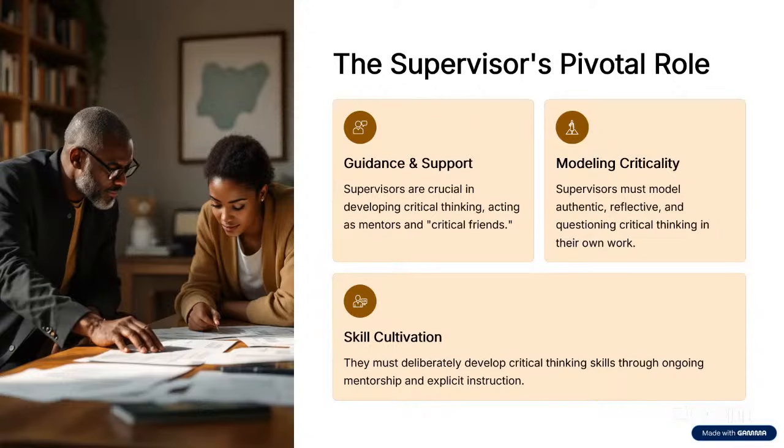So effective supervisors must take different approaches at different stages of the journey, because at the level of conceiving your research idea, the kind of supervision, the kind of support, the kind of interaction that you require will be different as you progress with your doctoral journey.